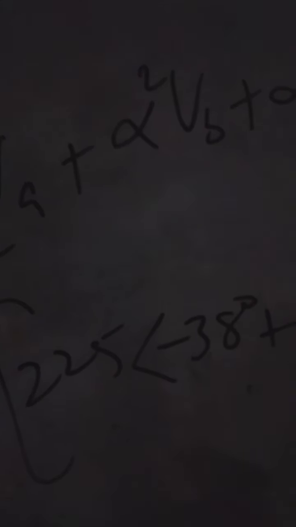So it will also be 1/3 into VA. Our VA is 225 at angle minus 38 degrees, plus our VB, which is given as 175 at angle 69 degrees, plus the alpha squared, which is 240 degrees, then plus alpha VC.